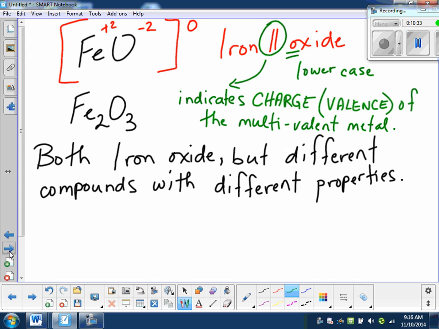Okay, so you can't just call this iron oxide, because there's two iron oxides. You have to say which one it is, and this is the iron 2 form. That's the easier one to identify.